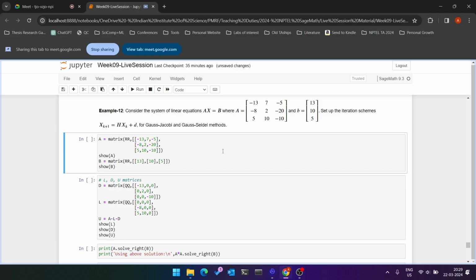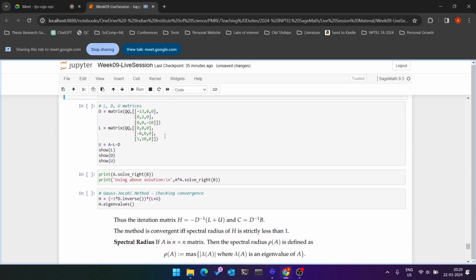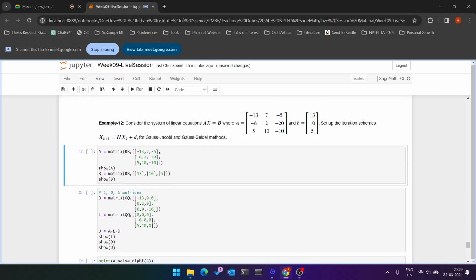One thing that I haven't specified here in the problem statement is that we'll also be looking at the spectral radius of H, which is important in the context of convergence of these methods. The way these methods work we have already seen in class, but I have a recap below.